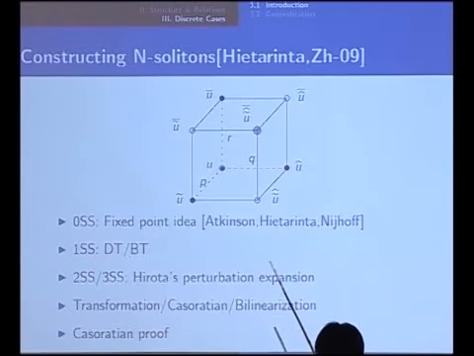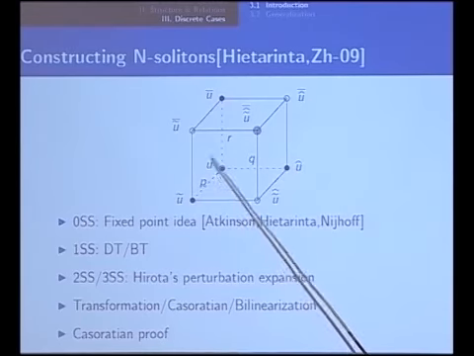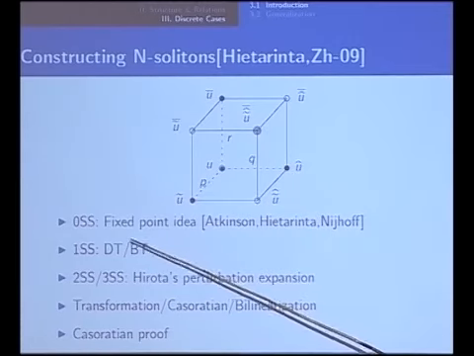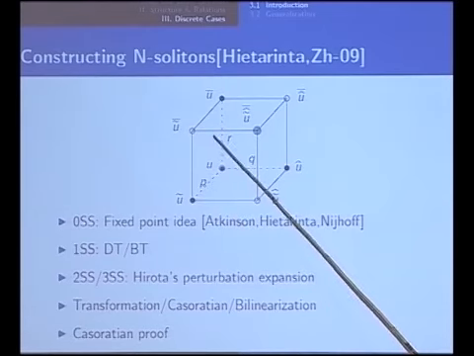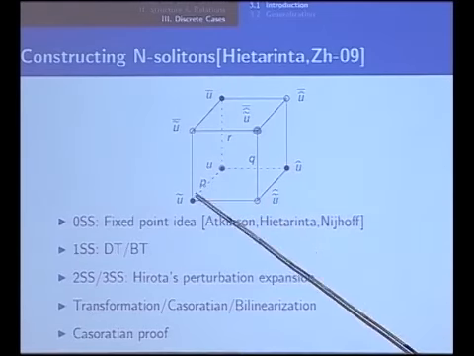Now in this part, I want to show how to get more solutions in Casoratian form for the ABS list. We have a procedure to construct n solitons.